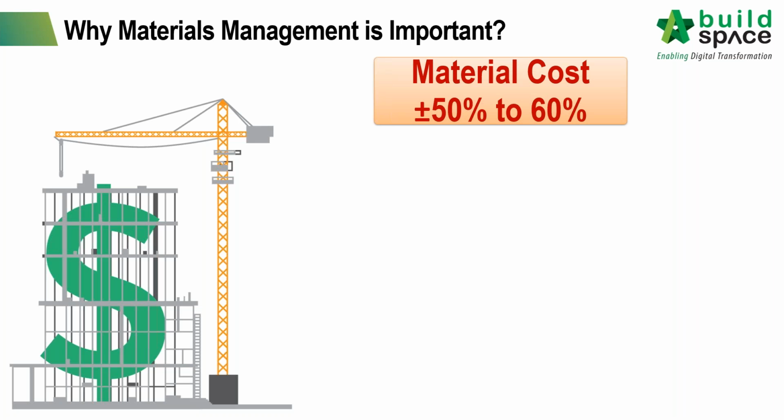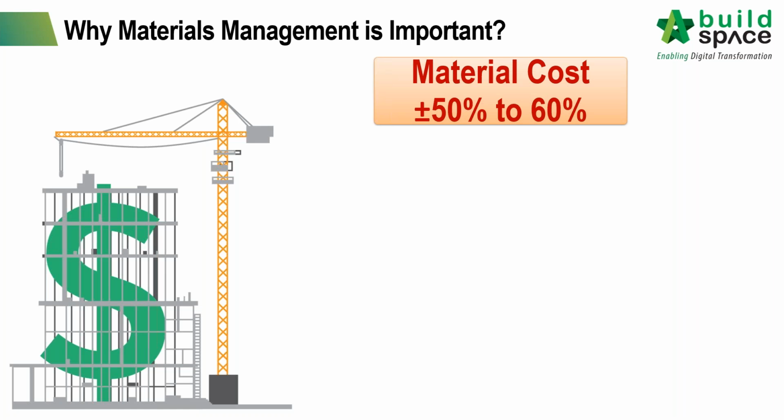So before we drill down further, let us take a look at the components of our construction cost. If we flip over these research papers and available materials, I believe it is quite objective to say that about 50 to 60% of our construction cost is made up of material costs.